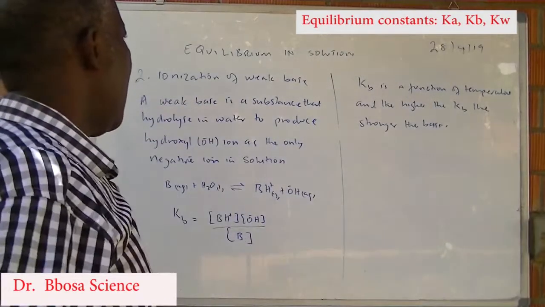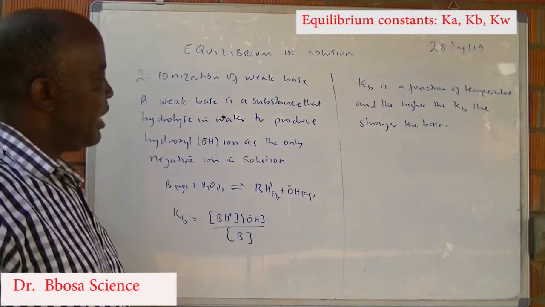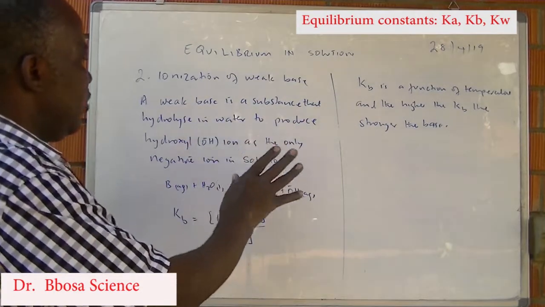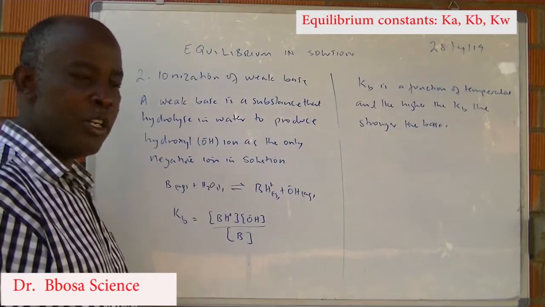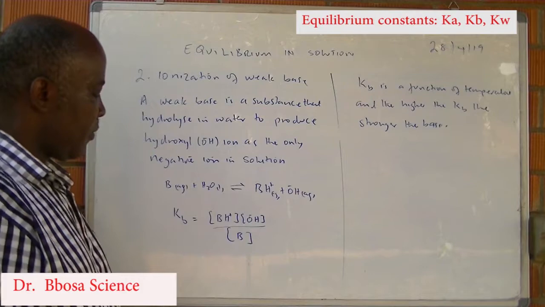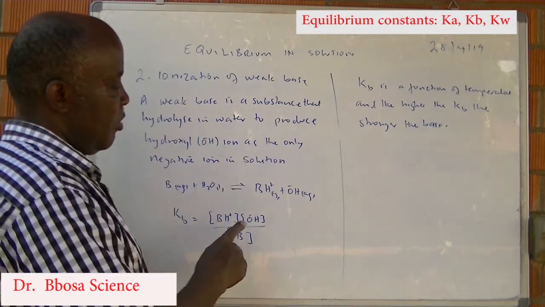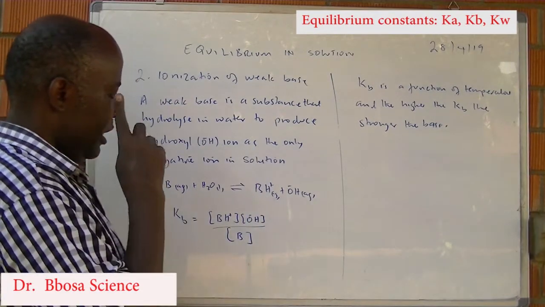2. Ionization of a weak base. A weak base is a substance that hydrolyzes in water to produce hydroxide ions as the only negative ions in a solution. For instance, base B plus water will give BH+ ion plus hydroxide ions.